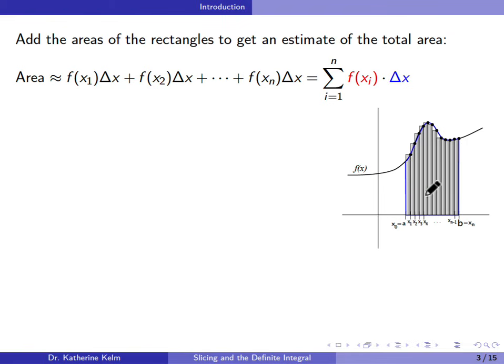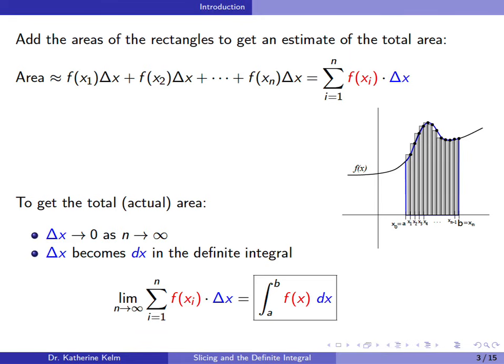We add up all of these areas to get an estimate of the area under the curve. The bigger the value of n, the number of rectangles, the better the estimate is.